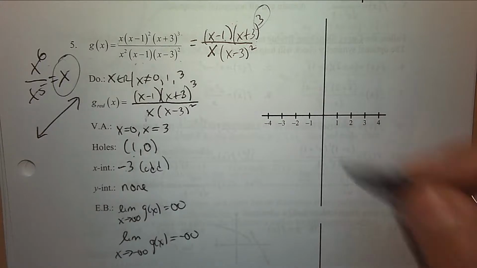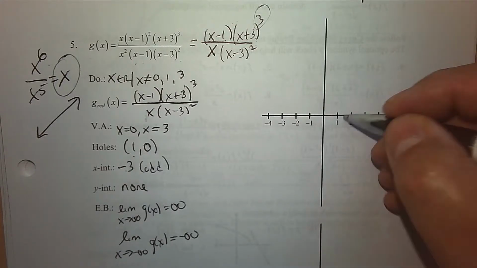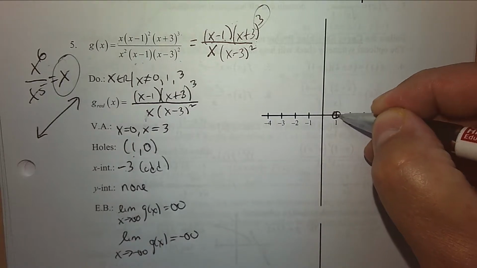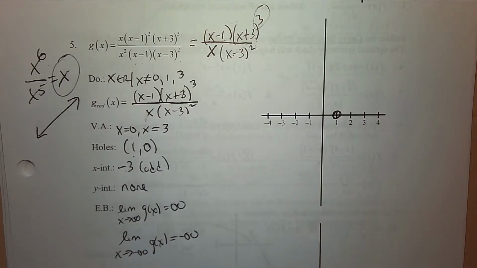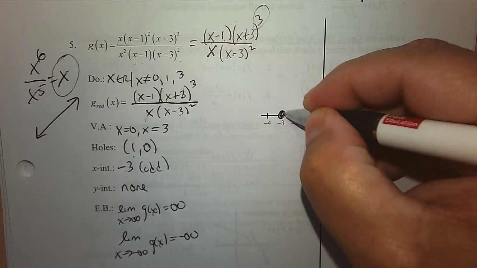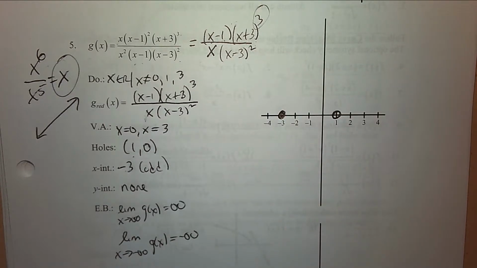All right, let's put it together. So what is the graph going to look like? So at 1, 0, what am I going to draw? A hole. At negative 3, what do we have? X-intercept. That's all the points we have right now. We have no y-intercept, right?